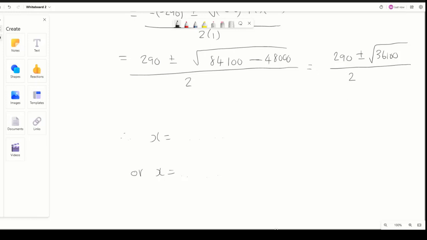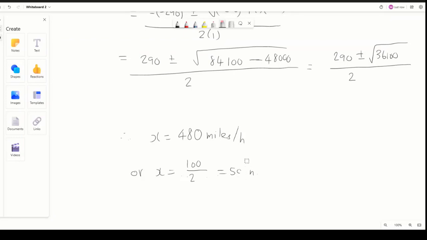Then I get the one value for x, 480 miles per hour, which is massive. On the other end, if I say 290 minus 190, I get 100, divided by 2, which is 50 miles per hour.